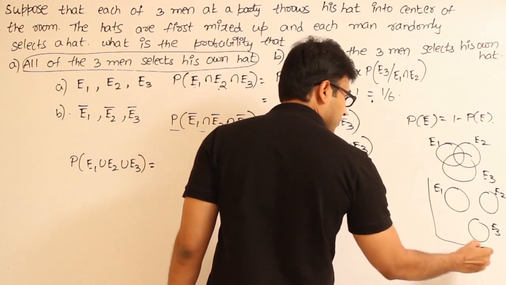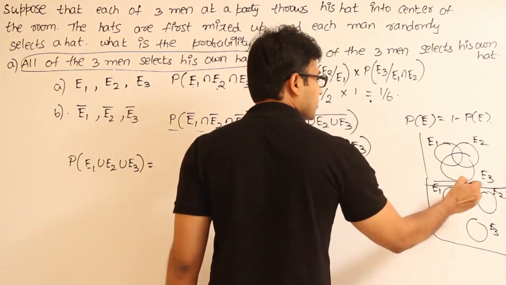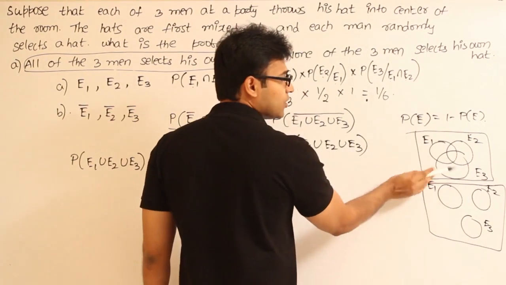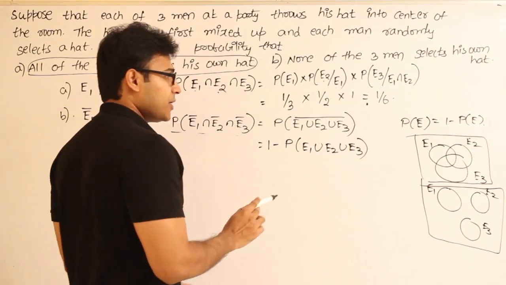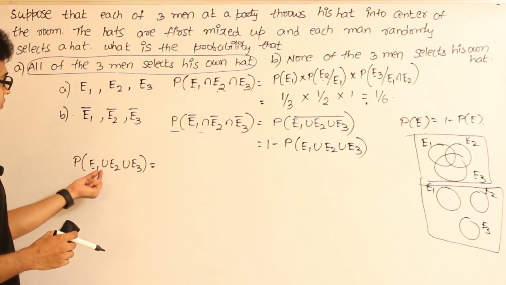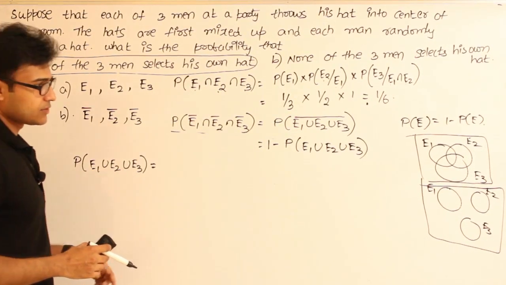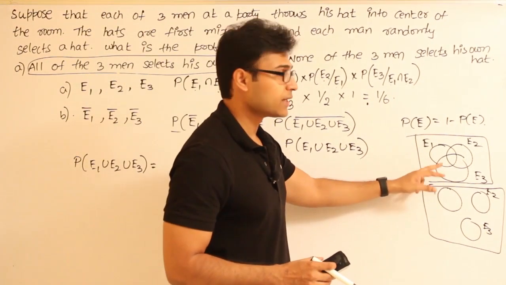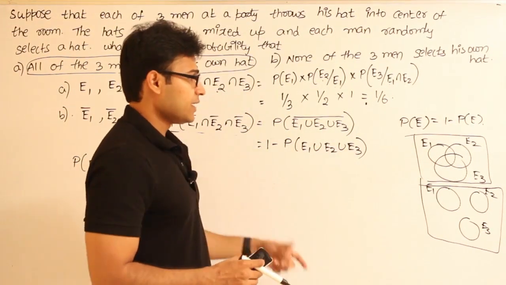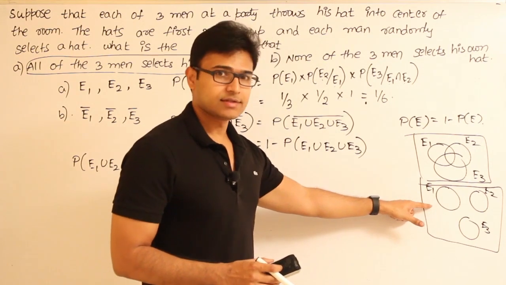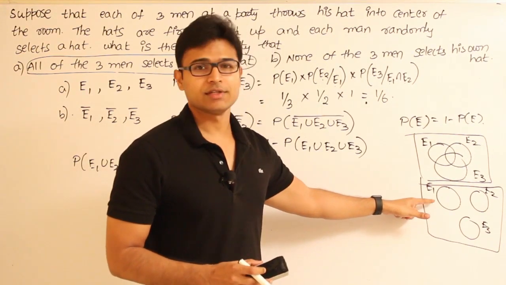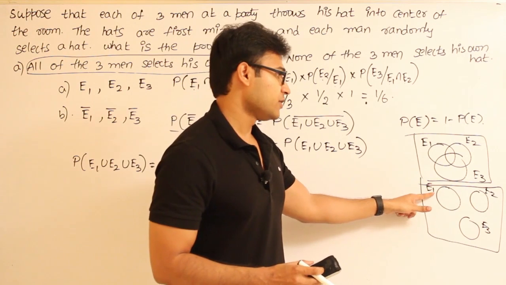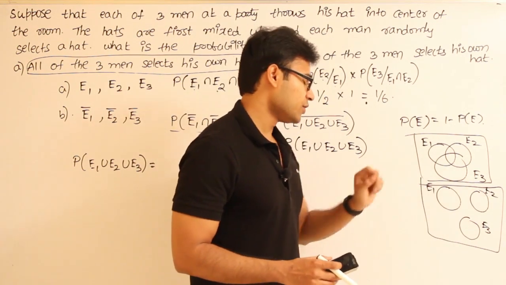See, why should I worry about it? Yes, you should worry about it because based on what you think E1, E2 and E3 look like, depending on that, this formula will vary. Probability of E1 union E2 union E3, based on how these will be looking like, you have to apply the formula. In case they are looking like this, then probability of E1 union E2 union E3 is directly probability of E1 plus probability of E2 plus probability of E3.